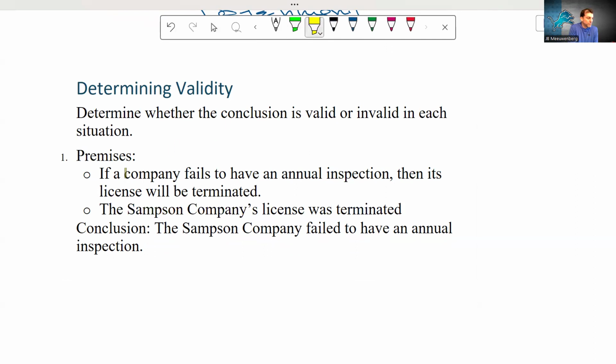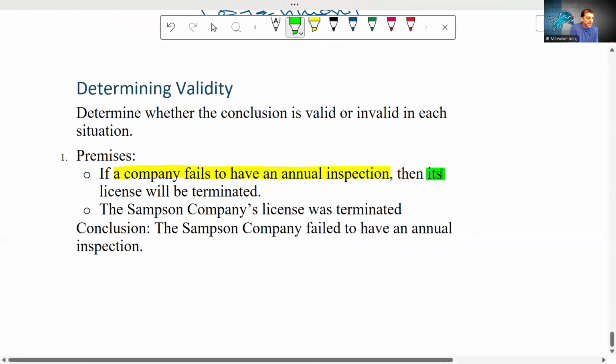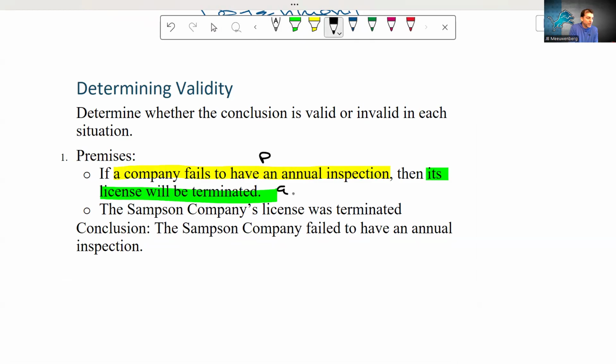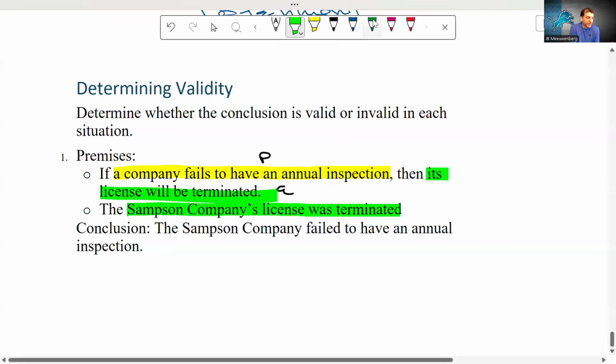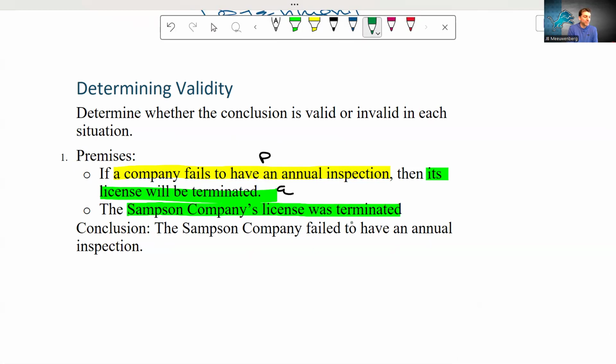So here's our P and here's our Q. The second premise, that the license was terminated, is associated with the Q, the conclusion. So can we then conclude that the Samson Company failed to have an annual inspection?